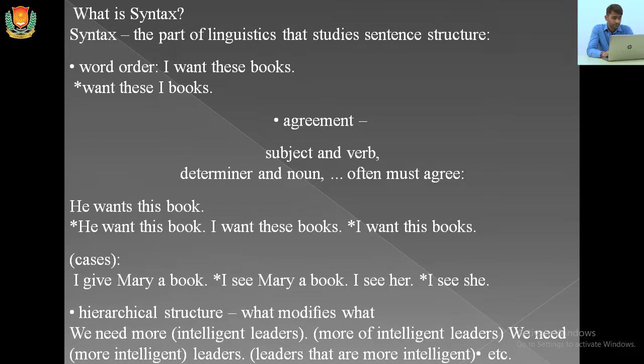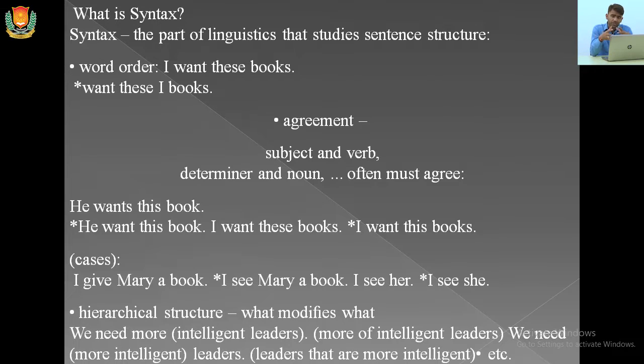That's the point. Now the hierarchical structure means what modifies what. For example, if I say we need more intelligent leaders, or in other words, we need more of intelligent leaders, or we need leaders that are more intelligent.